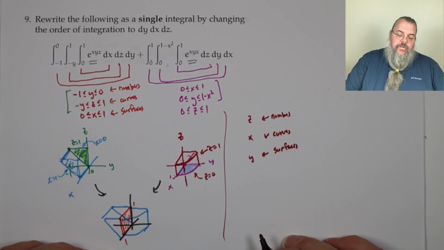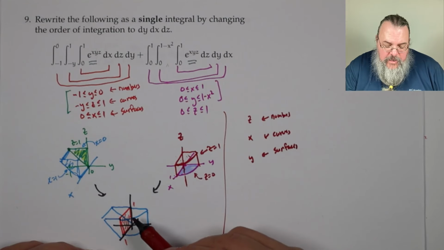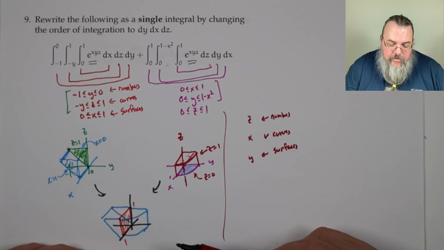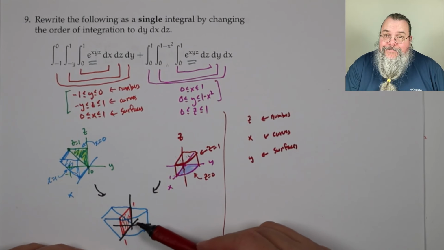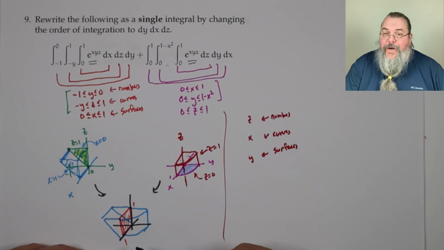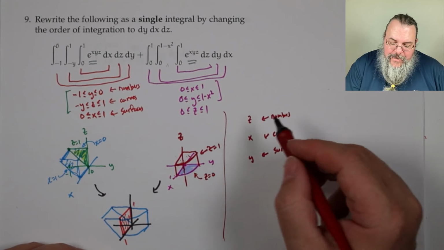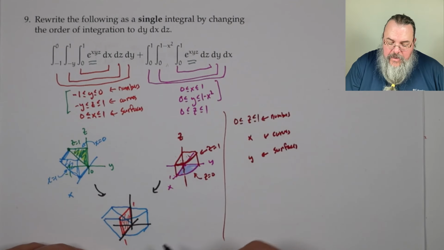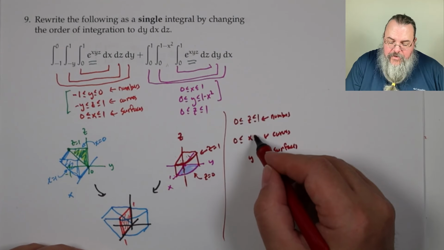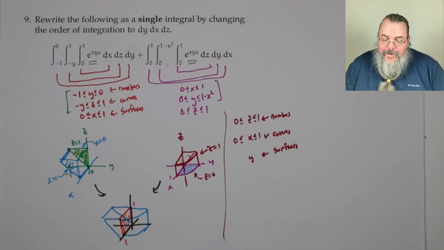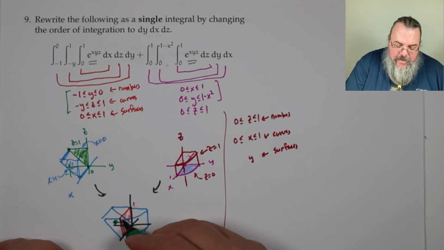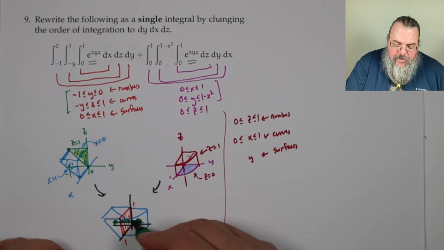Okay, so here's the thing. When we look down the y-axis, we see this square, and a square is really easy to describe. In terms of z, we're going from 0 to 1. In terms of x, we're also going from 0 to 1. Now, where does y go from? Well, y goes between this slanted face on the back and this curved face in the front.